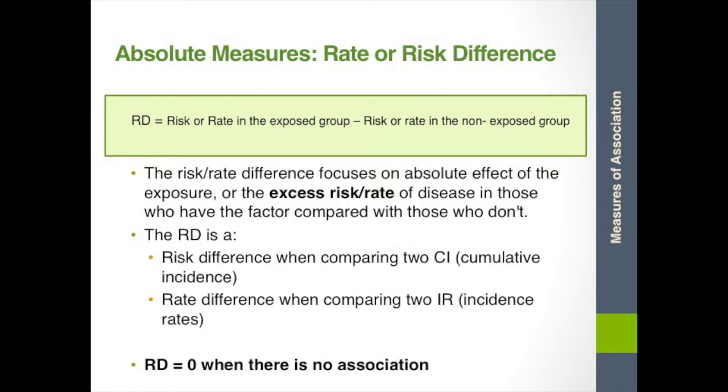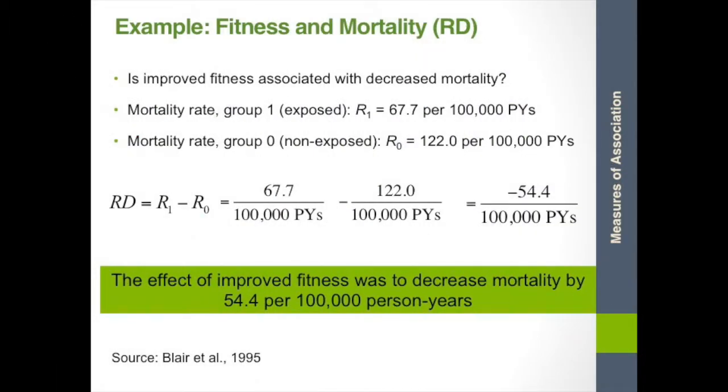On the other hand, the rate difference compares the incidence rate of an outcome in two populations. This is the rate in the exposed minus the rate in the non-exposed. It expresses the excess rate of disease associated with the exposure. For example, let's say we want to assess whether improved fitness is associated with decreased mortality. In this case, we're working with rates.